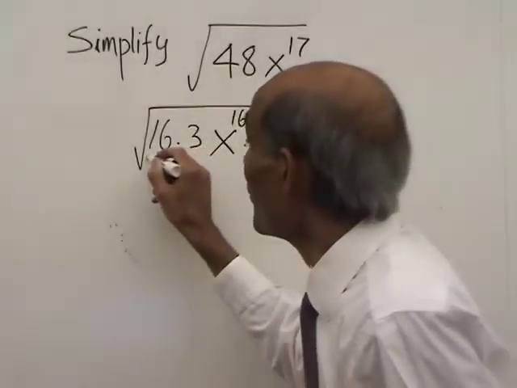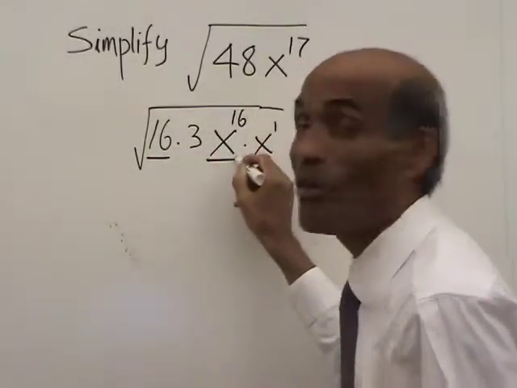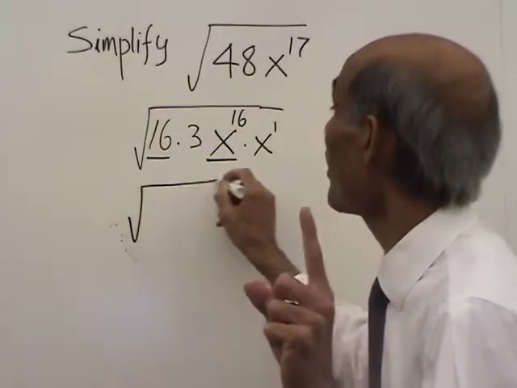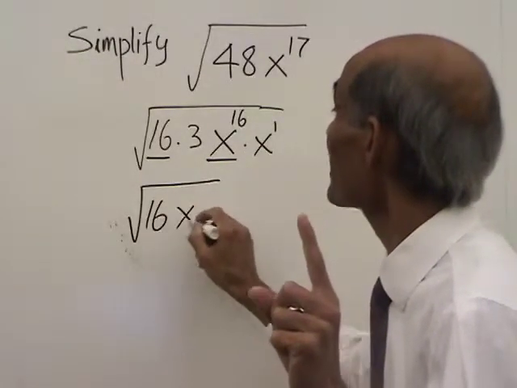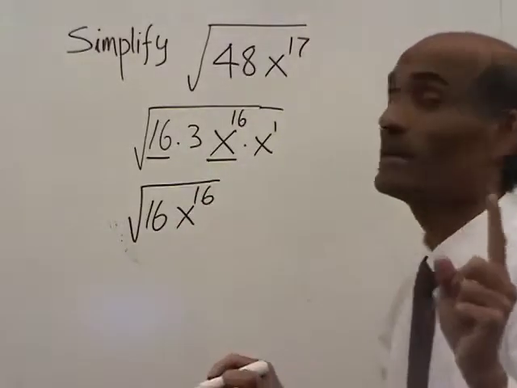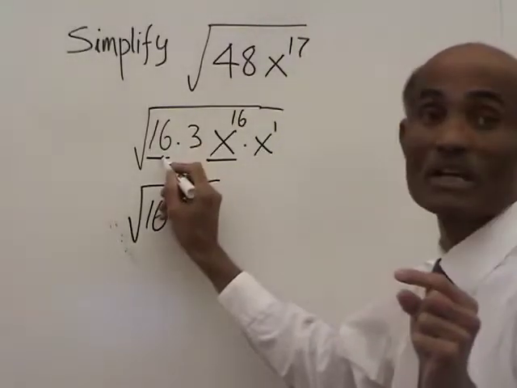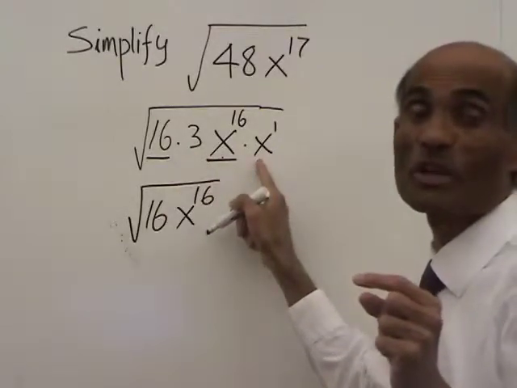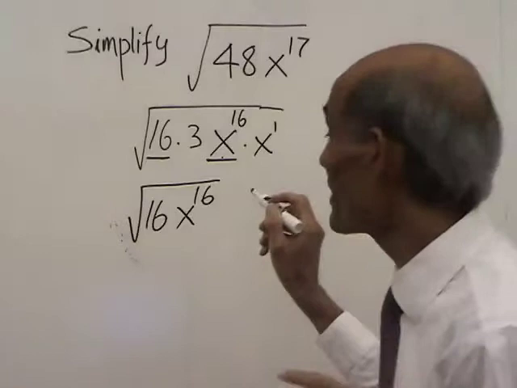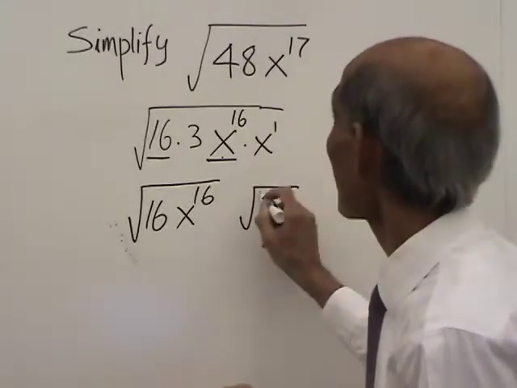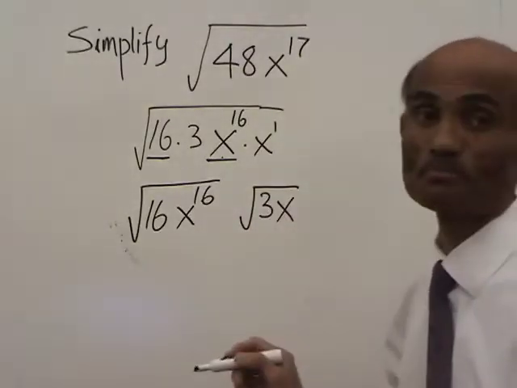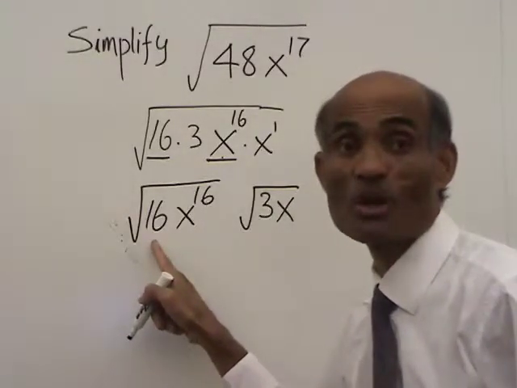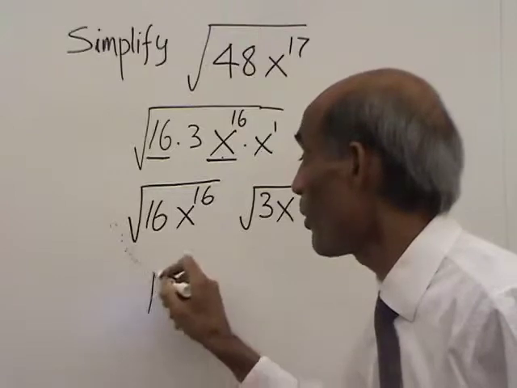And now we combine the perfect squares in one radical. So that will be the square root of 16x to the power of 16. Alright, we have taken these two perfect squares. The remaining 3x will stay inside another radical, times the square root of 3x. Now help me simplify this. The square root of 16 is 4.